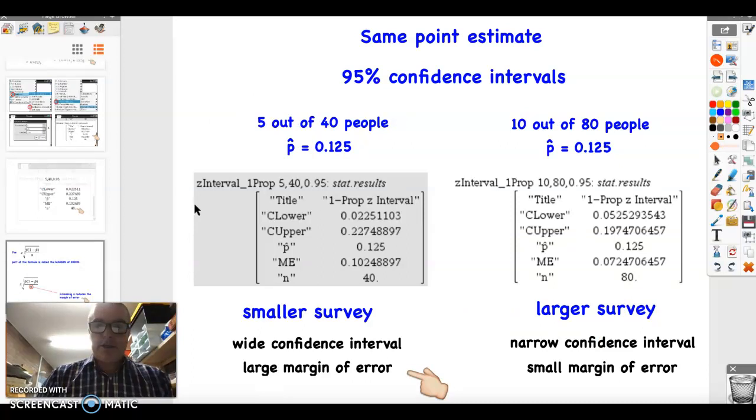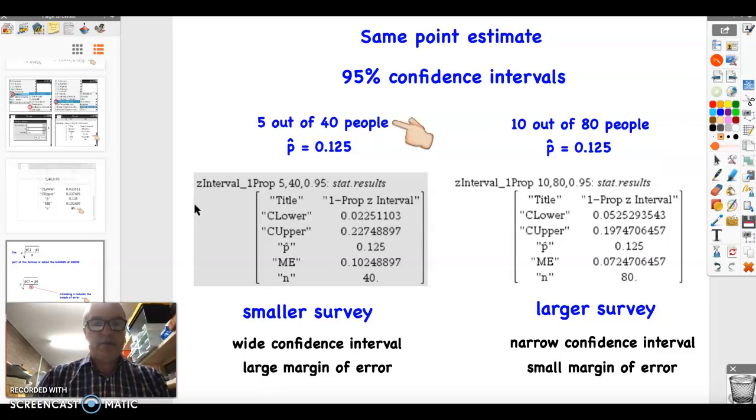This is just quickly to show you how the size of the sample can affect the outcome. So I've input two different surveys here. 5 out of 40, which has a point estimate of 0.125. 10 out of 80 has the same point estimate. But I want to compare the confidence interval and the margin of error.